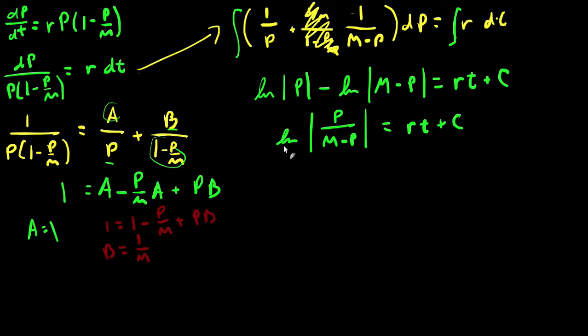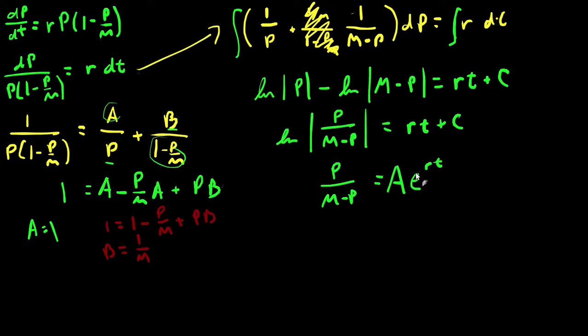To get rid of the natural log, I use a power of e. To get rid of the absolute value, I have a plus or minus, and this plus C could come out as a coefficient. So I get P over (M - P) equals A e to the rt.